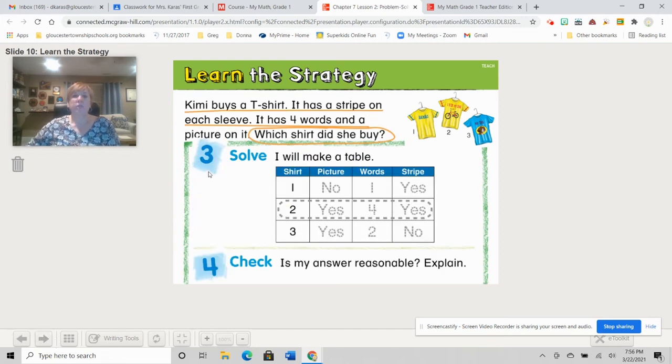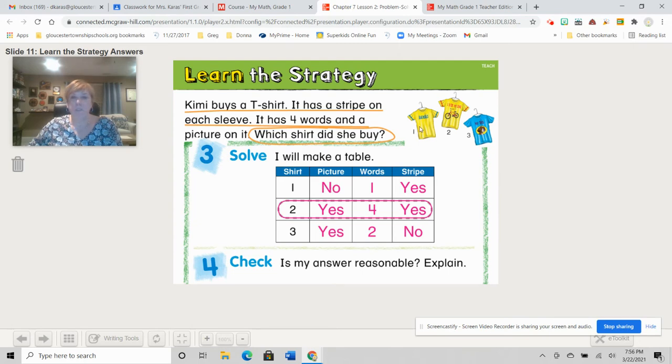All right, so now they're describing the shirts. Shirt number 1, and then they have it set up as picture, words, or stripe, because those are different things that we have to find out. So let's do this. So shirt number 1, right here, does it have a picture?